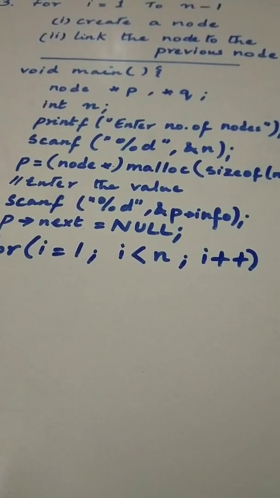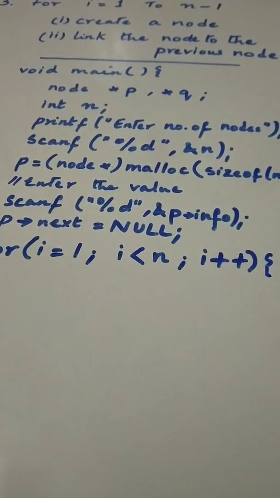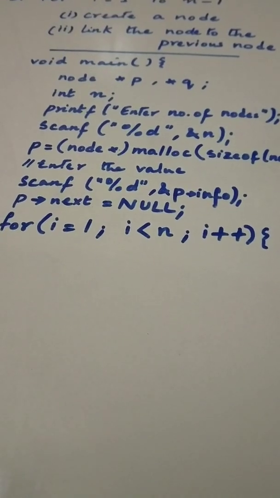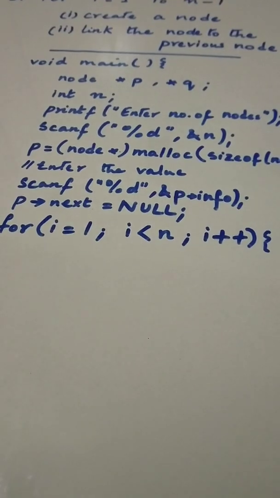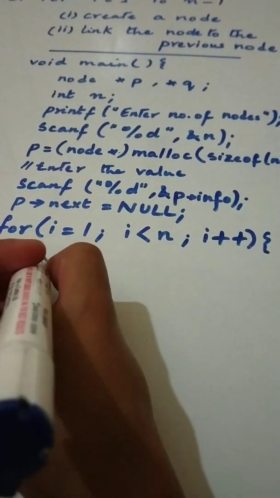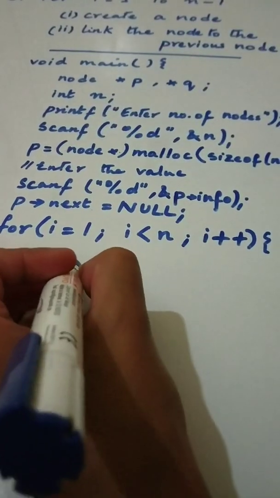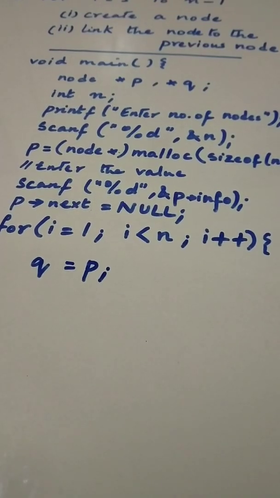Then in this for loop, what is going to happen? In this for loop, I am going to first create a node. This particular pointer q that I had created, I'm going to store the old node there, the previous node there.